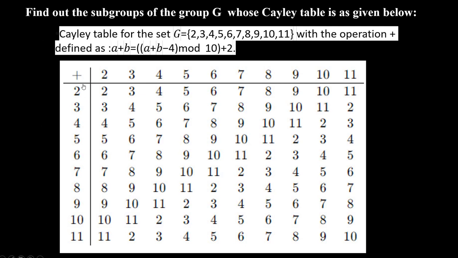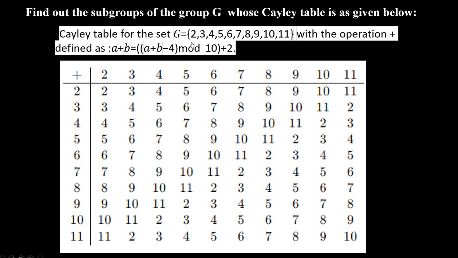So here is a collection G consisting of 2, 3, 4, 5, 6, 7, 8, 9, 10, 11, and the operation on G is defined in this way. Given A and B in G, you consider A plus B minus 4 mod 10.